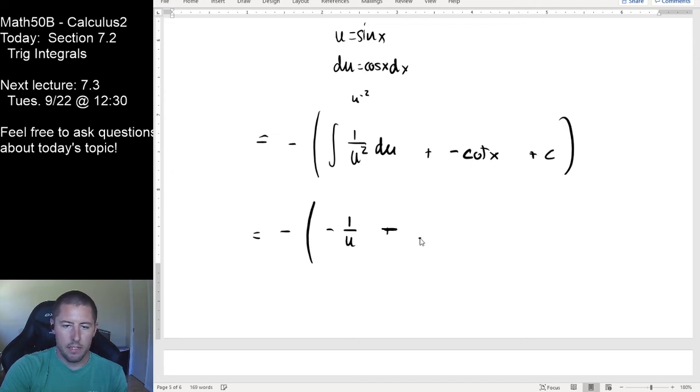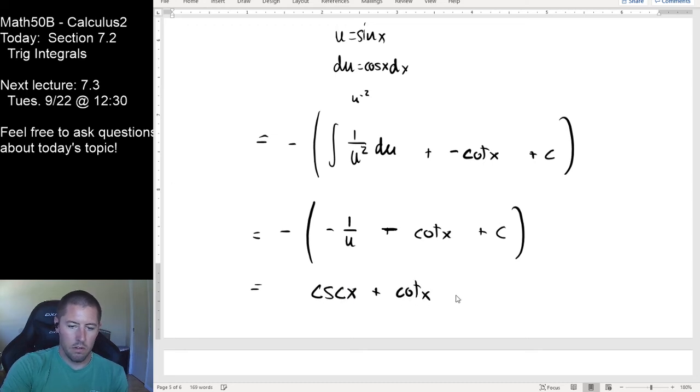Looks like we get a minus cotangent of x plus c. And so this is going to give me u was sine. 1 over sine is cosecant. All I got to do left is distribute this negative onto each of these terms.